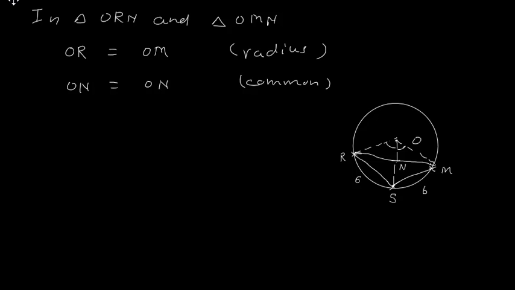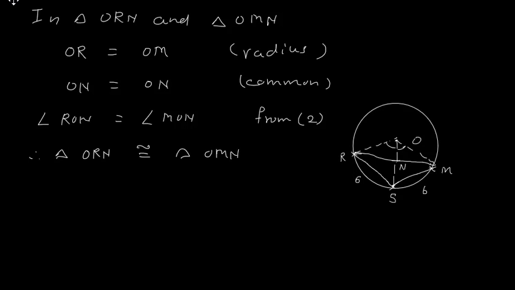And third, we have angle RON is equal to angle MON. Just now we have proved and considered that as equation 2. So therefore your triangle ORN will be congruent to triangle OMN by side angle side.